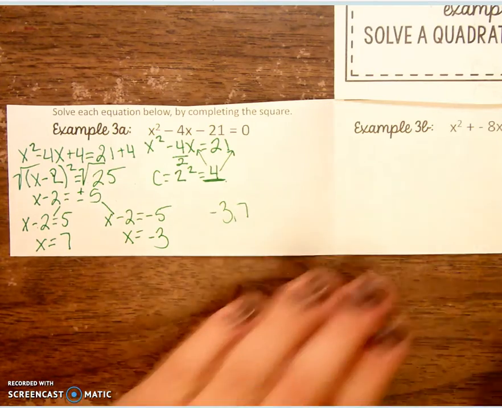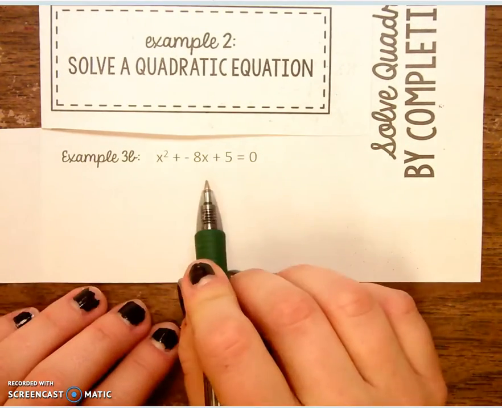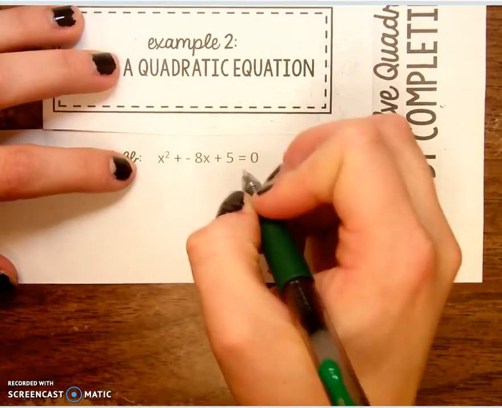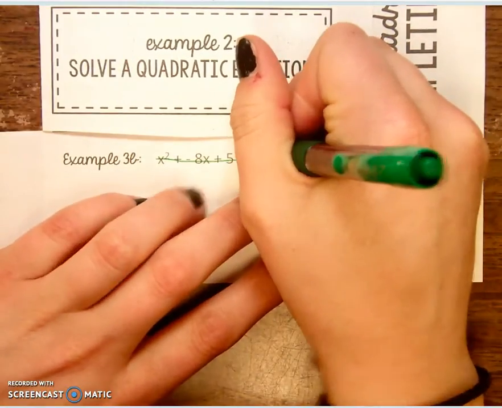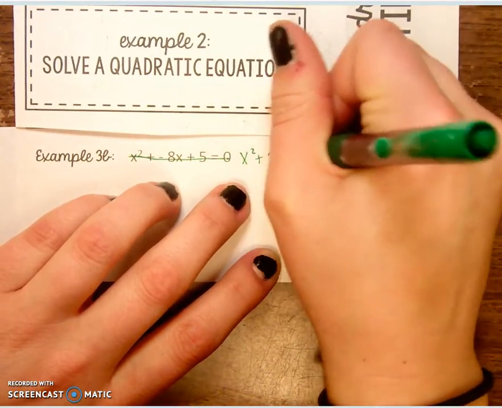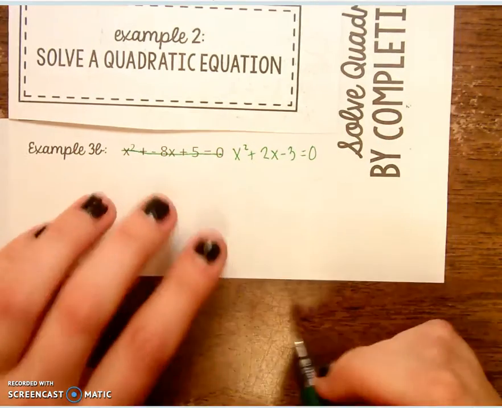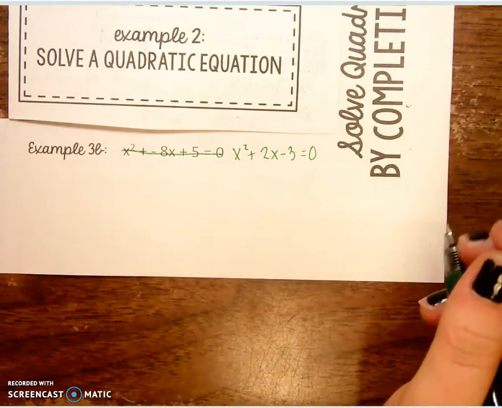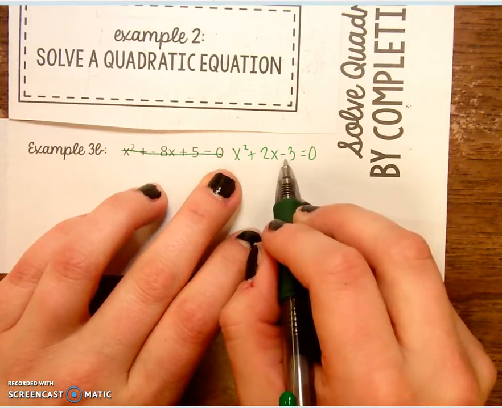All right, and this last one, actually this doesn't end up being nice and even solutions. So we're going to rewrite this problem as x squared plus 2x minus 3 equals 0. We're going to use this equation instead. All right, still got to find c first. Or excuse me, I got to rewrite my equation. Got to move this over.